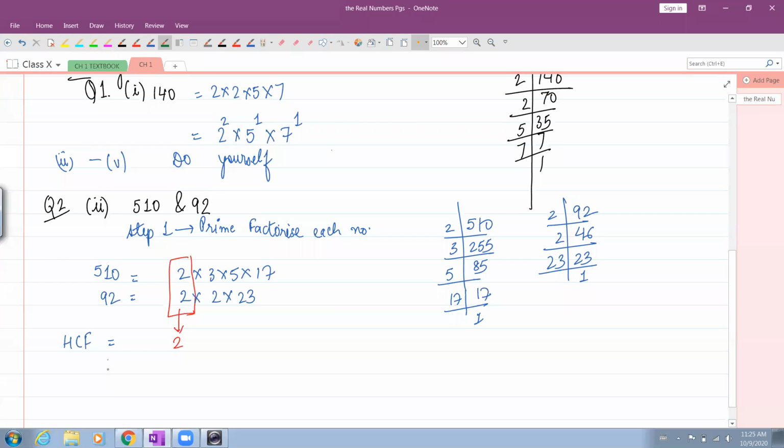And when we want to write down the LCM, we like to take the common factors as well as the ones which are non-common. So take the factor which is common, it's 2. And other than that, all the remaining factors will also be taken.